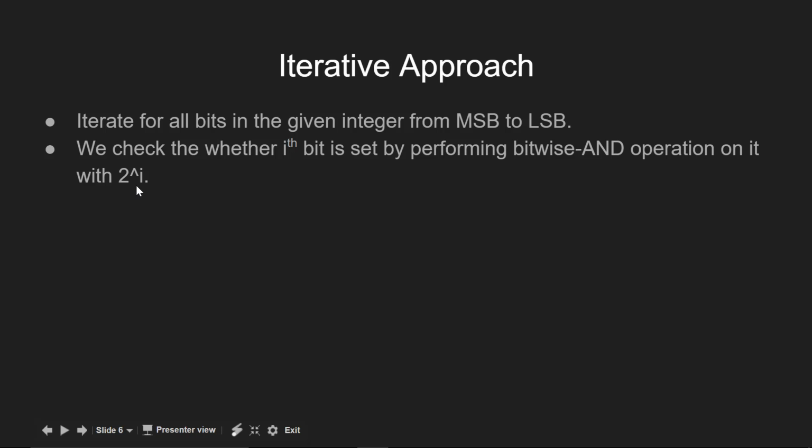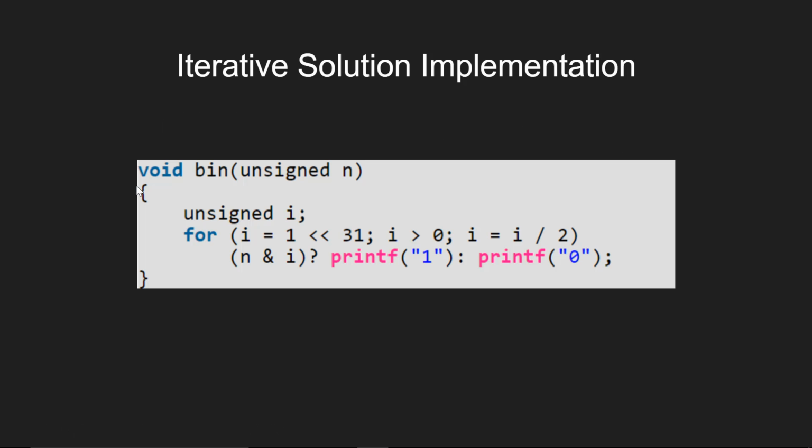Let's go through the code for this approach. Here we have a function named bin which takes an unsigned integer n as an argument. We first take another unsigned integer i and run a for loop that iterates over the binary bits from MSB to LSB.